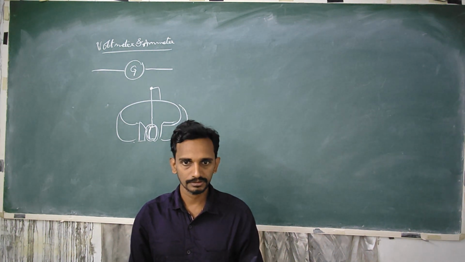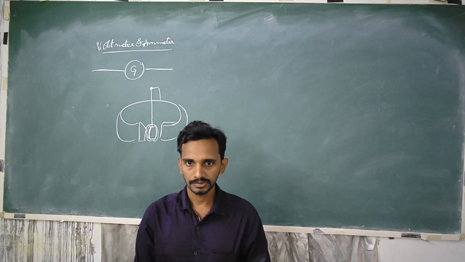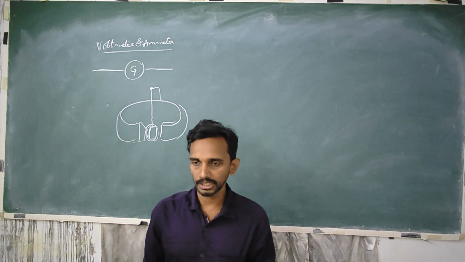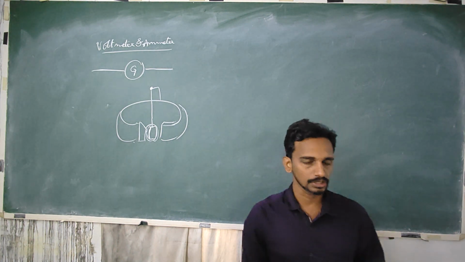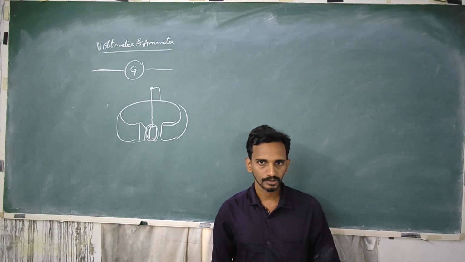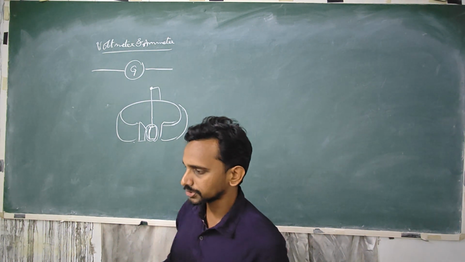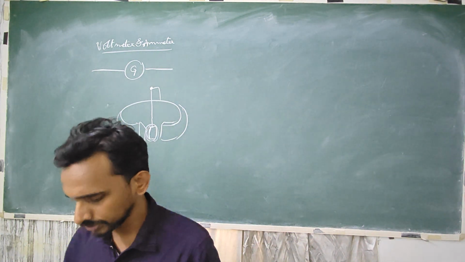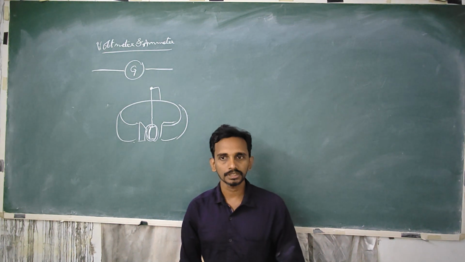Then what happens? The flow will slow down. So the ultimate aim of any measuring device is that it should not disturb the actual activity. We should use a device which does not disturb the actual flow of electrons, but it should count.